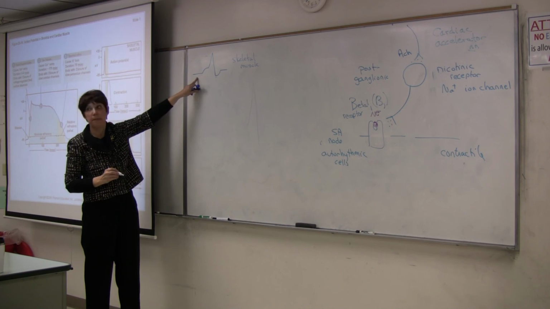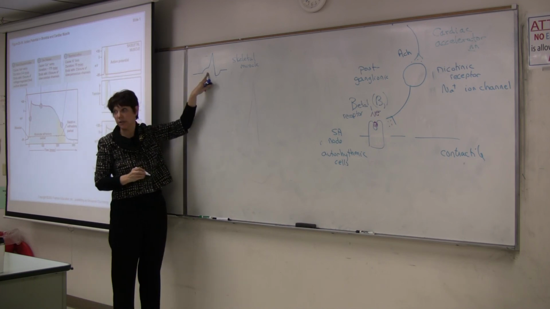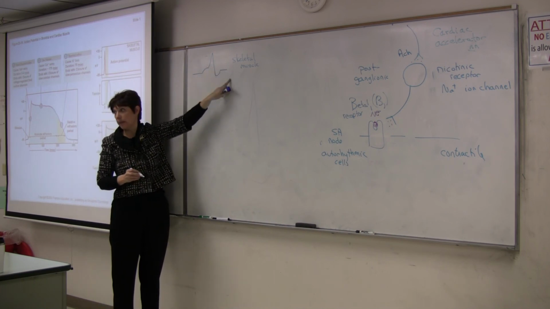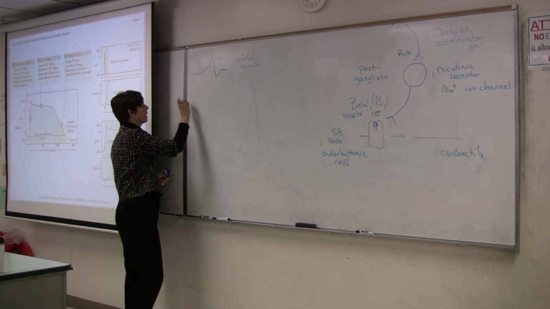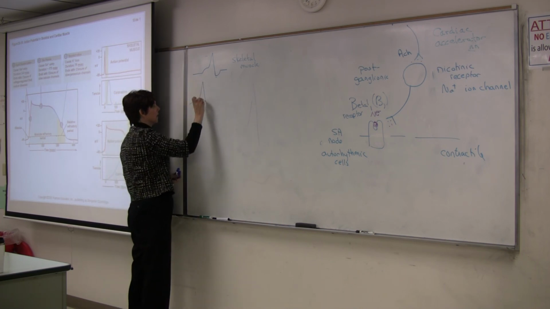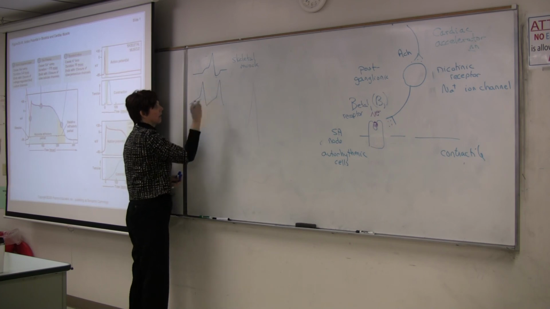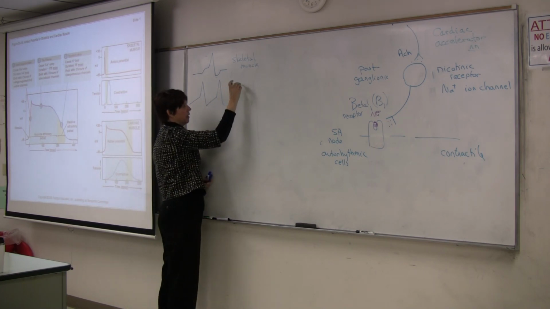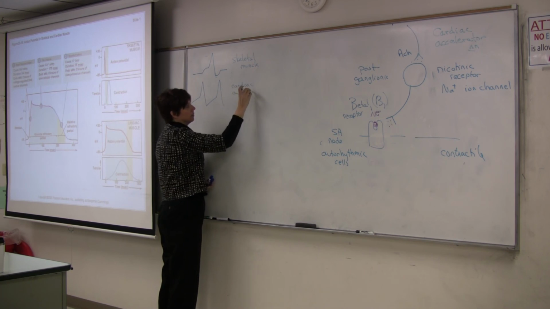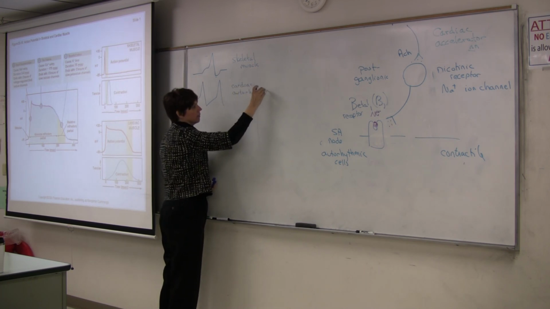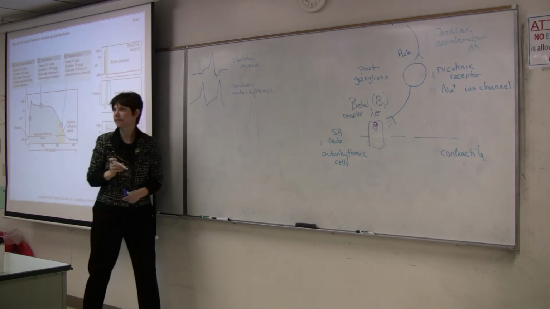With the resting membrane potential, a graded potential, an action potential, and back to a resting membrane potential. That's cardiac autorhythmic.